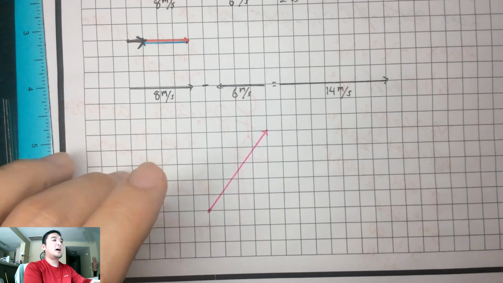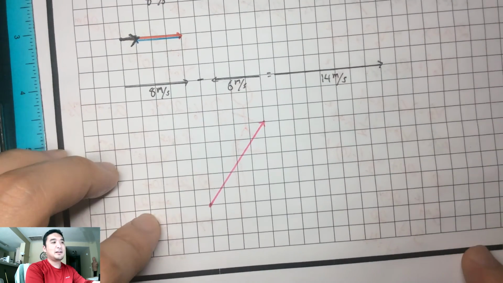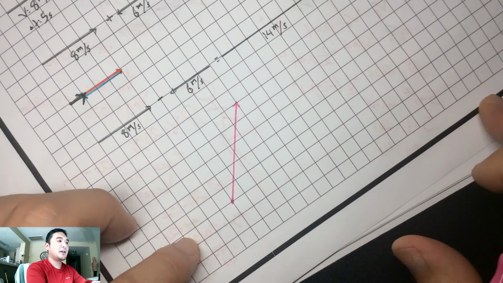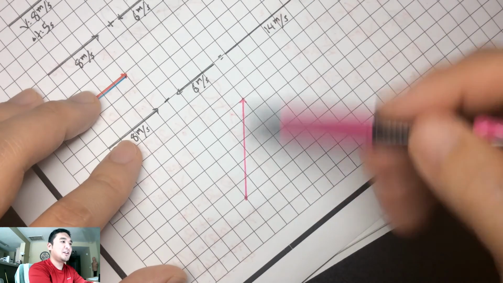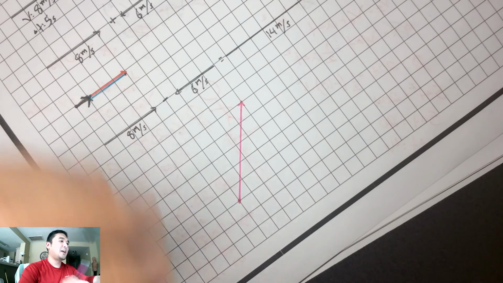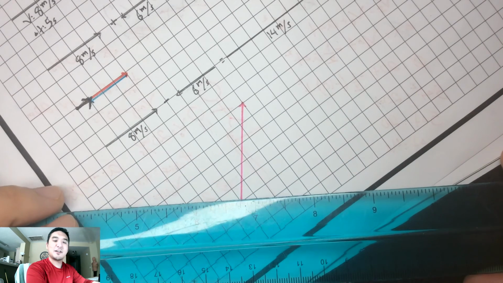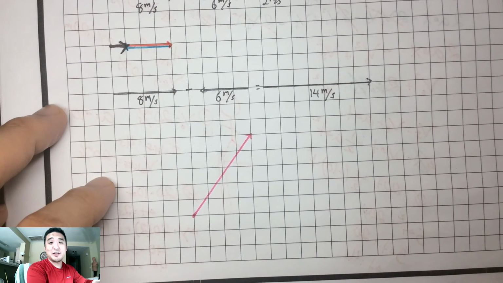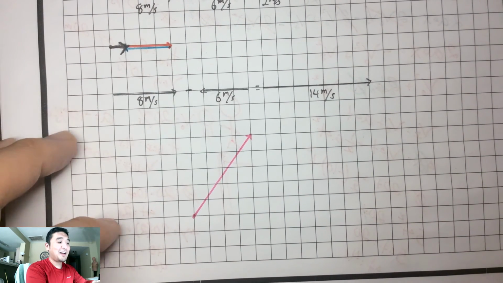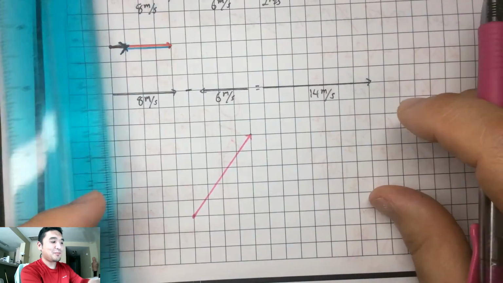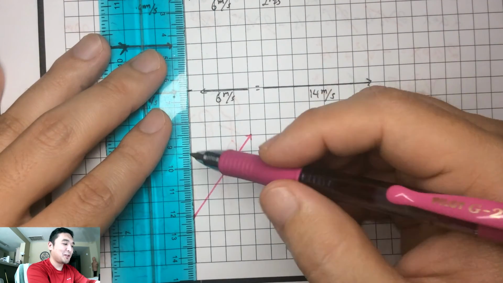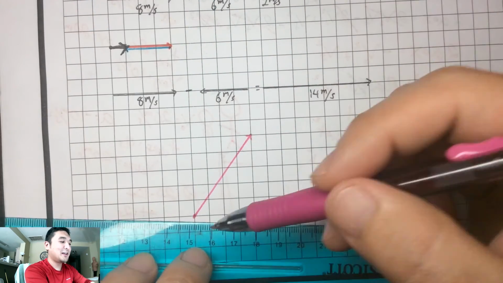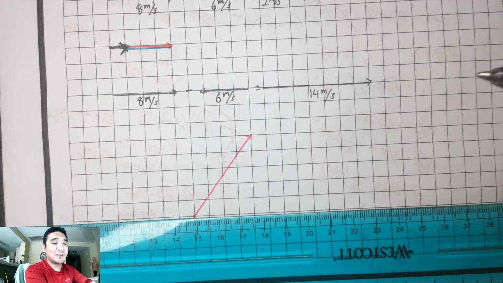But who's to say that this couldn't be y and this couldn't be x, right? I drew a diagonal pink arrow, and you would initially just want to say, hey, that's y and that's x right there. And so this diagonal pink arrow would be going in x and y.